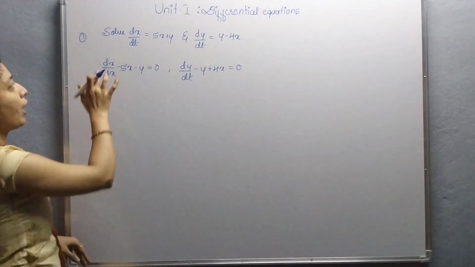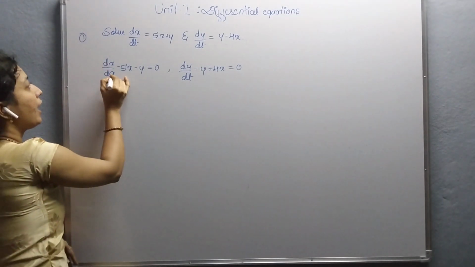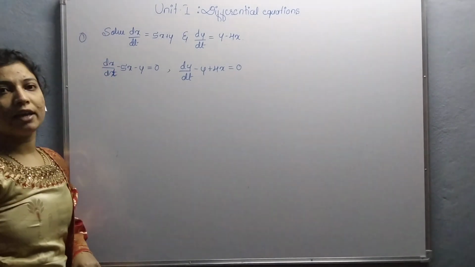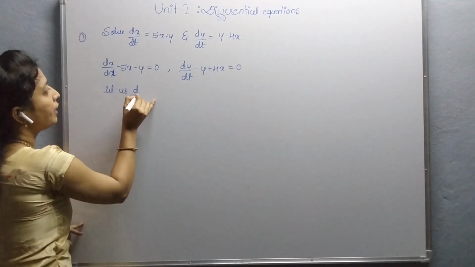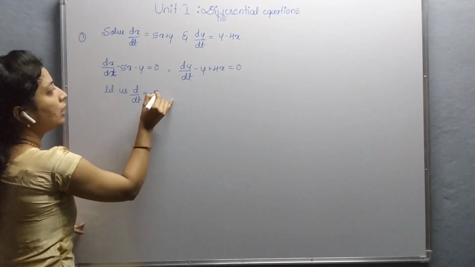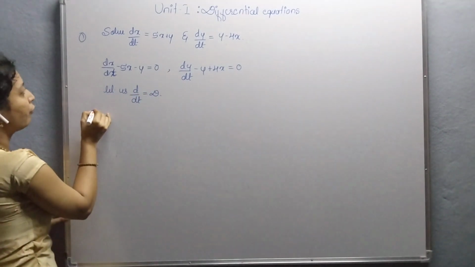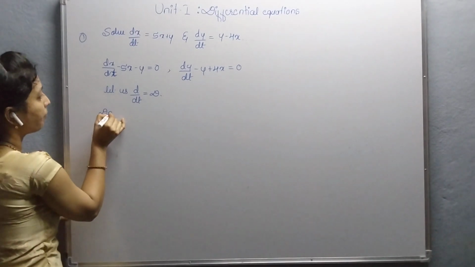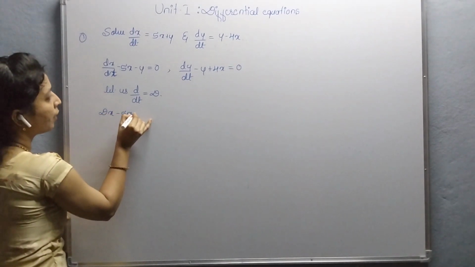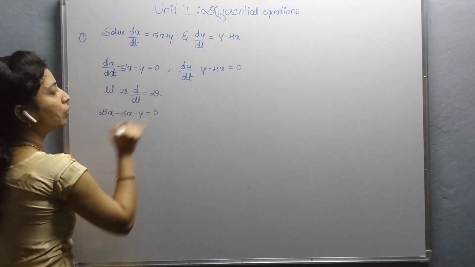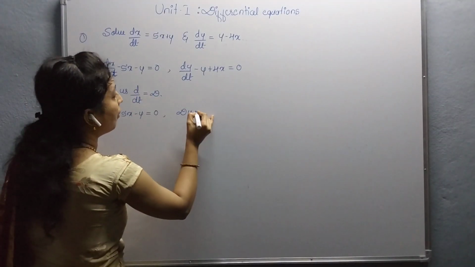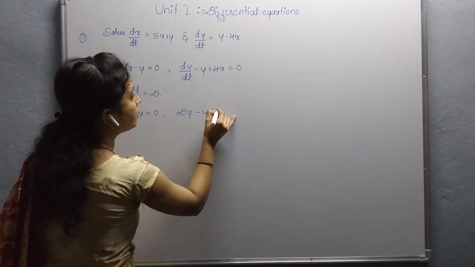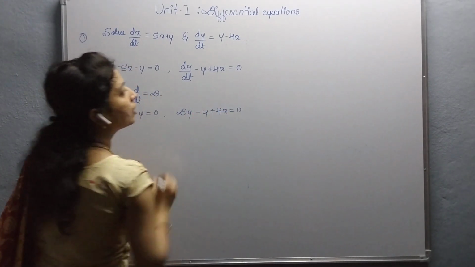The next step is we consider d by dt as capital D. So the equations are now converted to Dx minus 5x minus y is equal to 0, and Dy minus y plus 4x is equal to 0.